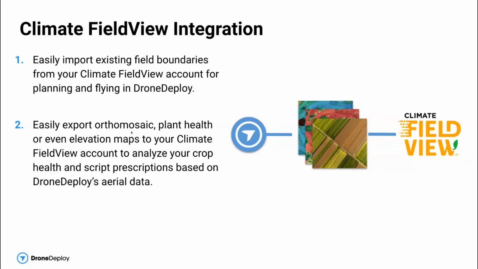All three of these can be imported right into Climate FieldView, and it becomes just another data layer in your app, much higher resolution than the satellite-level analysis you're going to get. Super important for writing variable rate prescriptions. If you need up-to-date, high-resolution data sets within FieldView, we make it super easy to get that in DroneDeploy and get that right into FieldView.